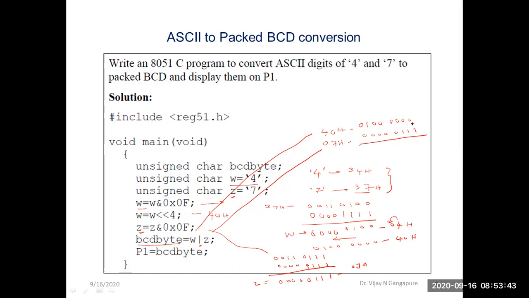Okay, so this will produce 0100 0111, sorry, here 0111. Okay, so this will produce 47H. Okay, so that will get stored in BCD byte.